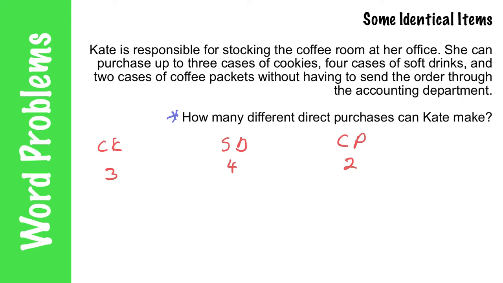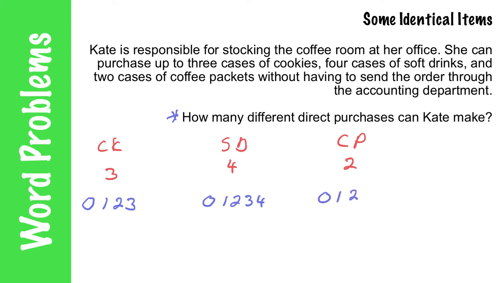She can choose not to order any cookies, or 1, 2, or 3 cases. Again, she has the choice not to order soft drinks and not to order coffee packets.